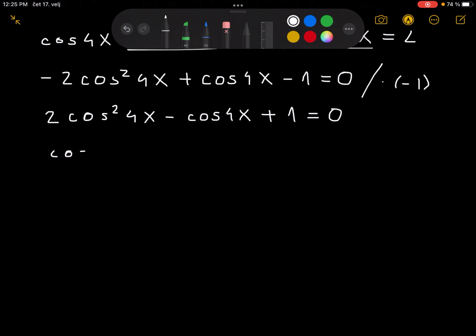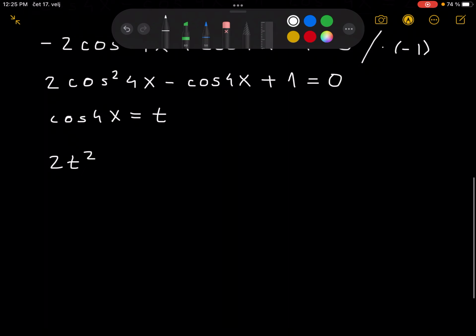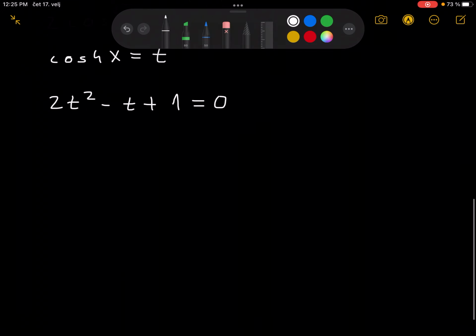So let's use the substitution cosine of 4x is equal to t, which will give us 2t squared minus t plus 1 is equal to 0.